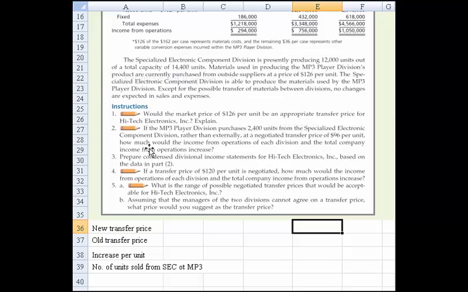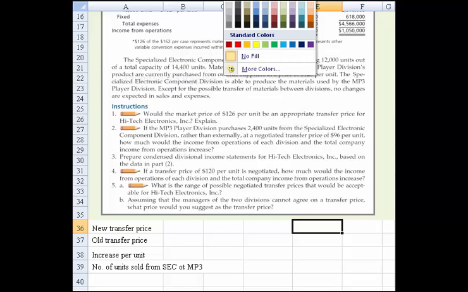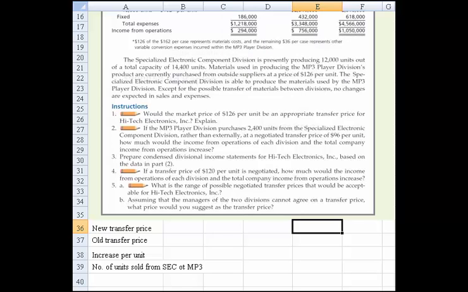Well, we know that the new transfer price is $96, right? And the old transfer price was $86.